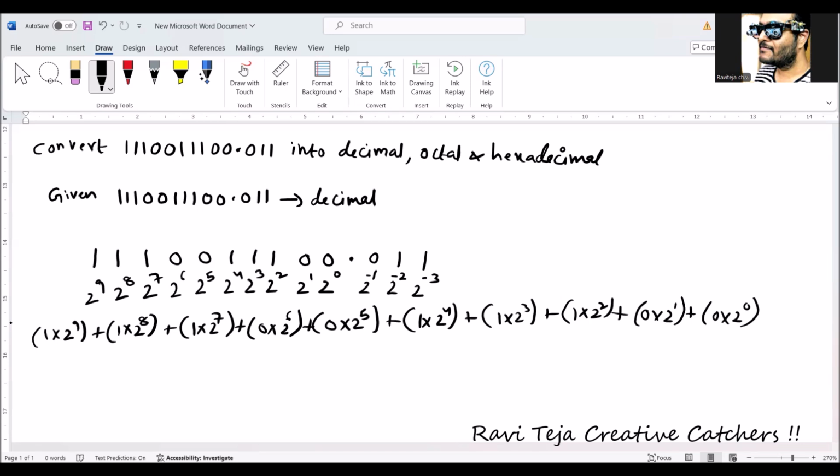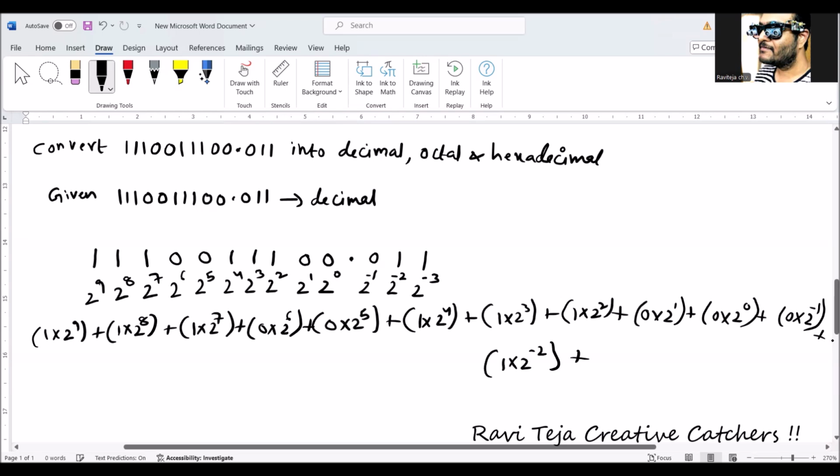After this, followed by plus 0 into 2 power minus 1. This can be written as 1 by 2, right? So continued by plus 1 into 2 power minus 2 plus 1 into 2 power minus 3. This is how to write.